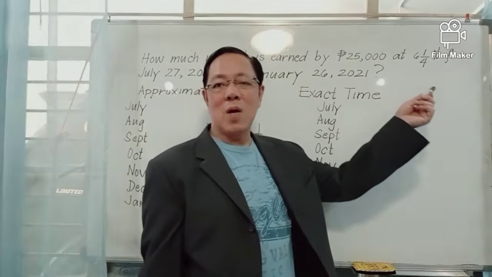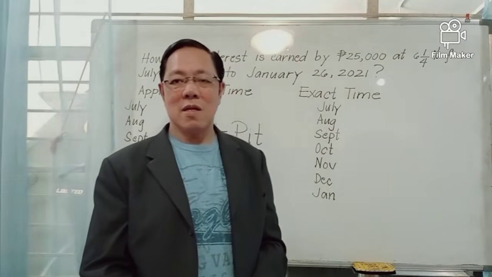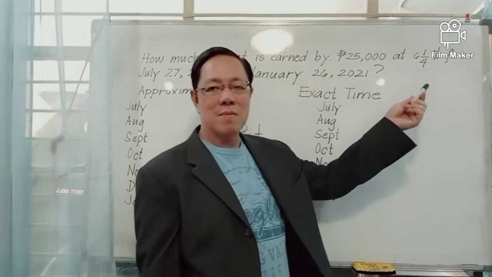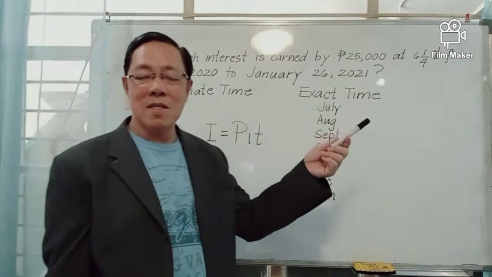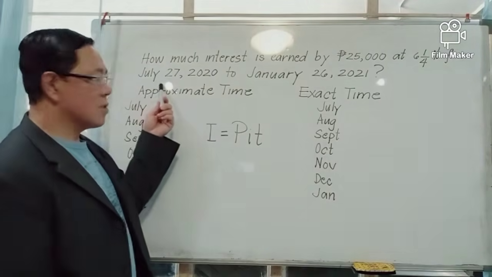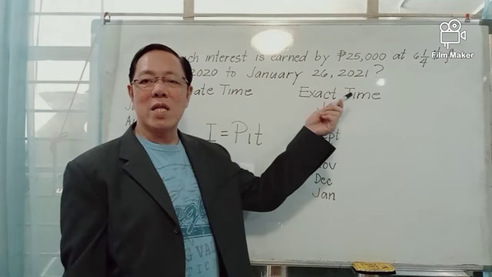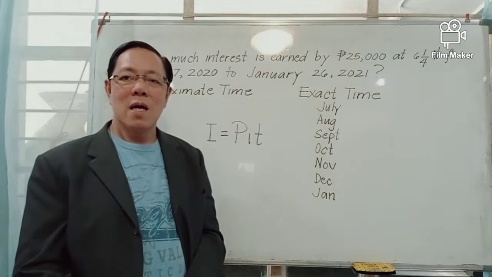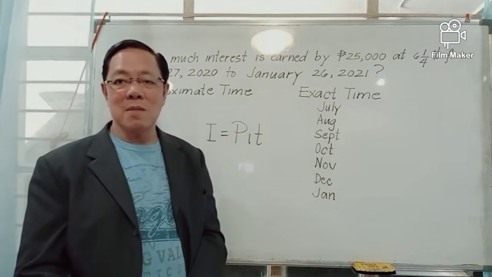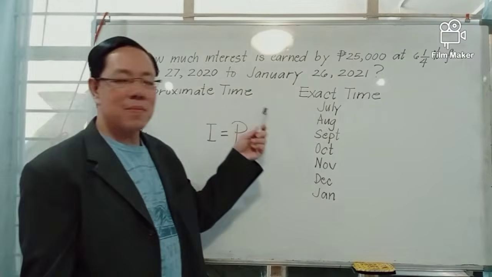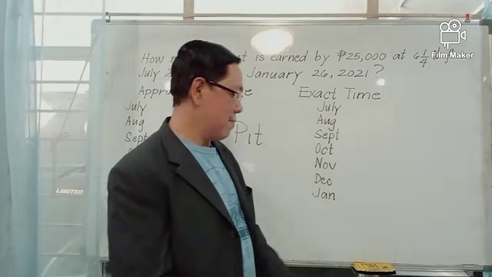Thus, we take 6 1/4% as simple interest rate, and we have to convert this to decimal number. The time is the number of days from July 27, 2020 to January 26, 2021. And to find the number of days between these two dates, we will use approximate time and exact time.